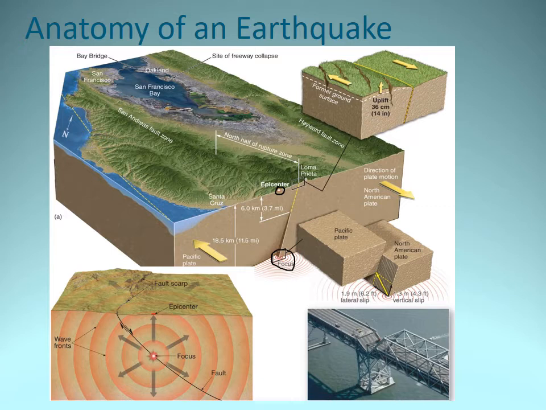Afterwards are the more destructive S waves or secondary waves, and they create some of the rolling motion, vertical motion of the crust. And that again can be some of the most destructive waves. Probably what is responsible for the collapse of some of the bridges around San Francisco in the Loma Prieta earthquake of 1989.